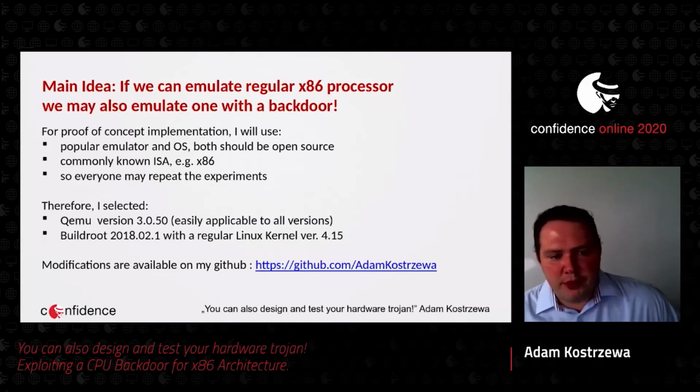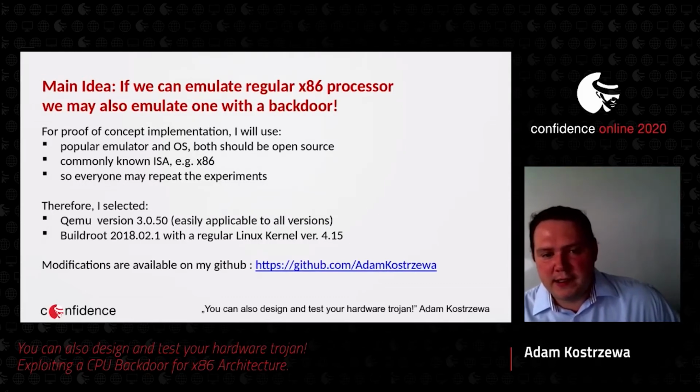I use Buildroot with kernel version 4.15, but you can easily apply both on whatever setup you have. The idea is that I would like to give everyone the possibility to repeat the experiment.